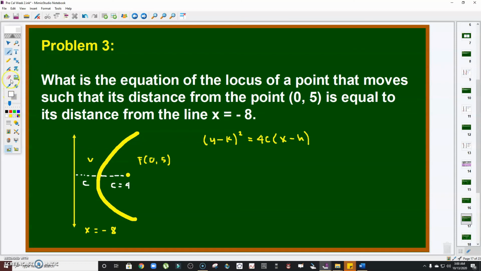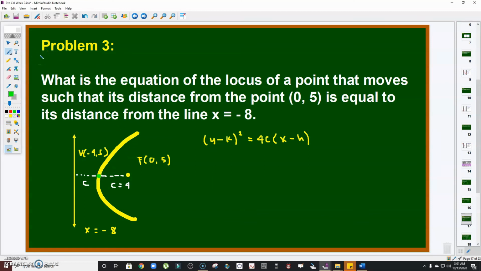Tama? So, meaning to say, if c is equal to 4, the coordinates of our vertex now is negative 4, 5. Okay, pagkasyahin natin. So, negative 4, 5. So, ito yung vertex. See that?